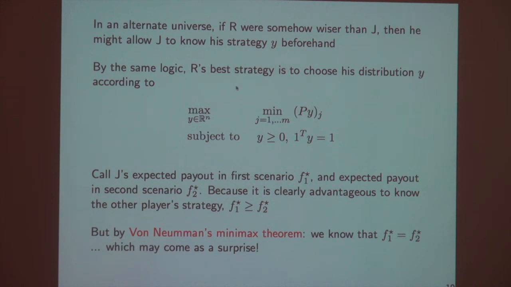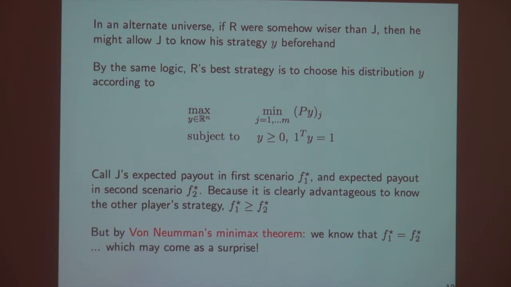Well, you could see that R's best strategy would be to choose the distribution y according to the following program: maximize over all y the minimum over j going from 1 through n of P y in the jth component, subject to y being a probability distribution. The reason that these are flipped is because, remember, the payout can be positive or negative. That's the only reason why. If you thought about this for a few minutes, you would see that this problem came from the same argument as the one we just gave, just in reverse.